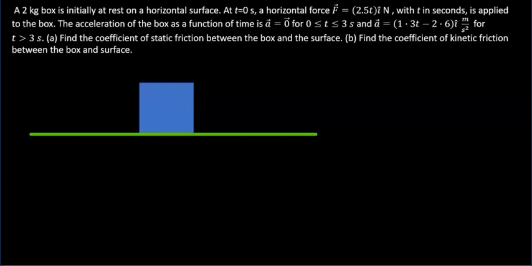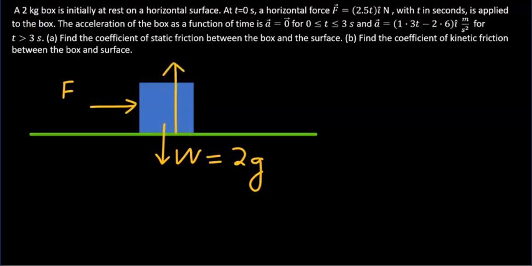So let's look at the free body diagram of this 2 kg box. The first thing that you should label is the horizontal force, F, which is a function of t given by that expression. Of course, you have weight, which is given by 2 times gravity because the mass of the box is 2 kg. As a result, there will be a normal force acting upward, opposite to the weight, which in magnitude is the same as the weight, namely 2 times gravitational acceleration.